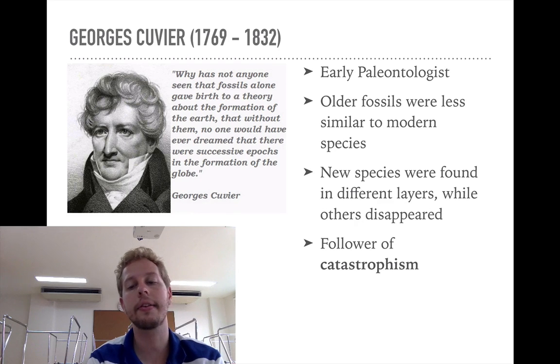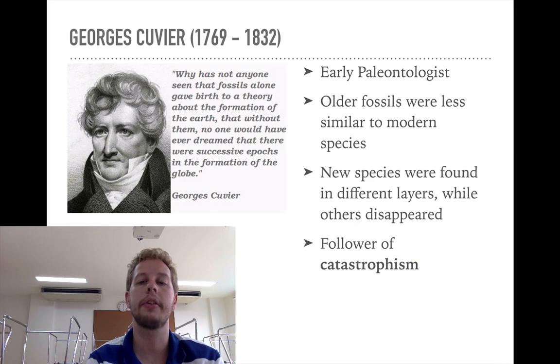Okay, and so catastrophes do happen, but his theory was that these catastrophes would wipe out that species, or most of it, to where no further fossils would be found. And this catastrophe could be a flood, or a fire, or earthquake, or volcano, a variety of different catastrophes.